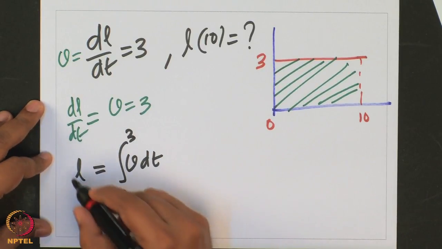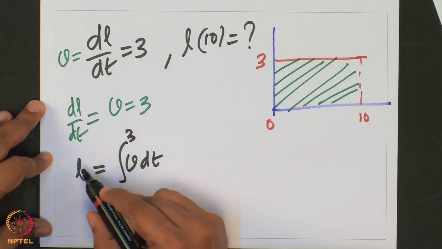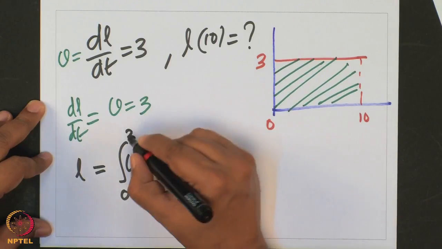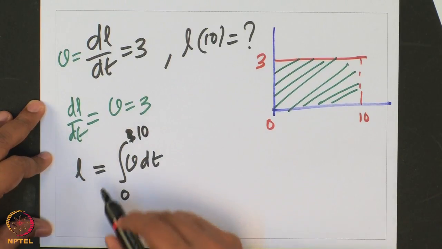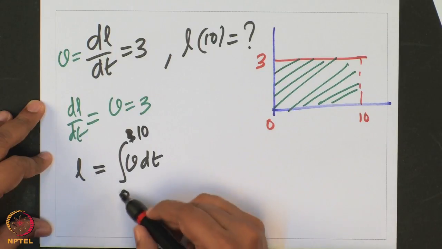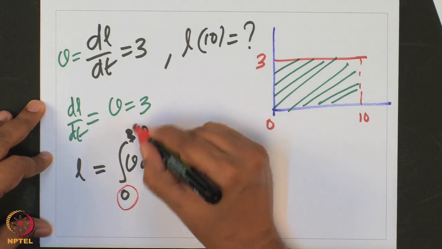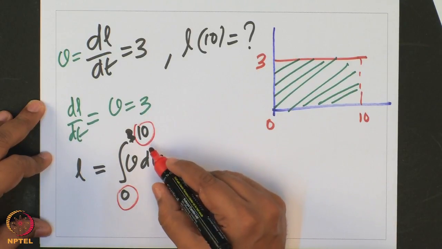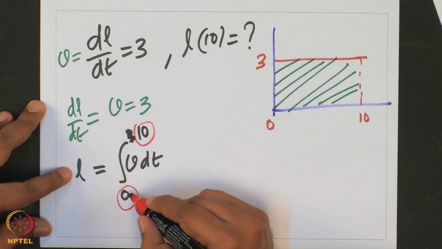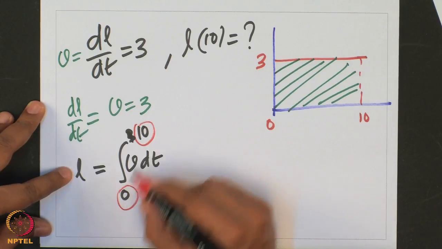So it turns out that for the L we want at 3, if you wanted it at 10, this will turn out to be the integral from 0 to 10. This is called the lower limit and this is the upper limit. This is the way to represent it.